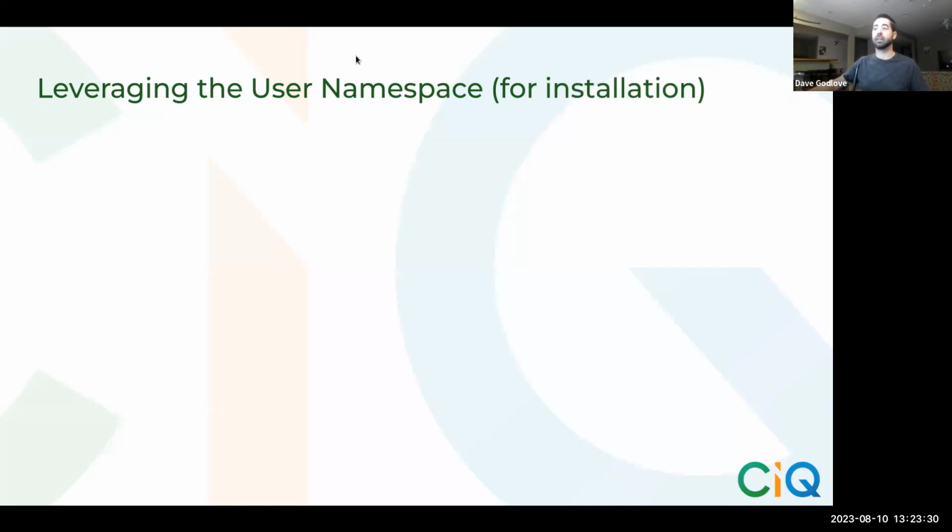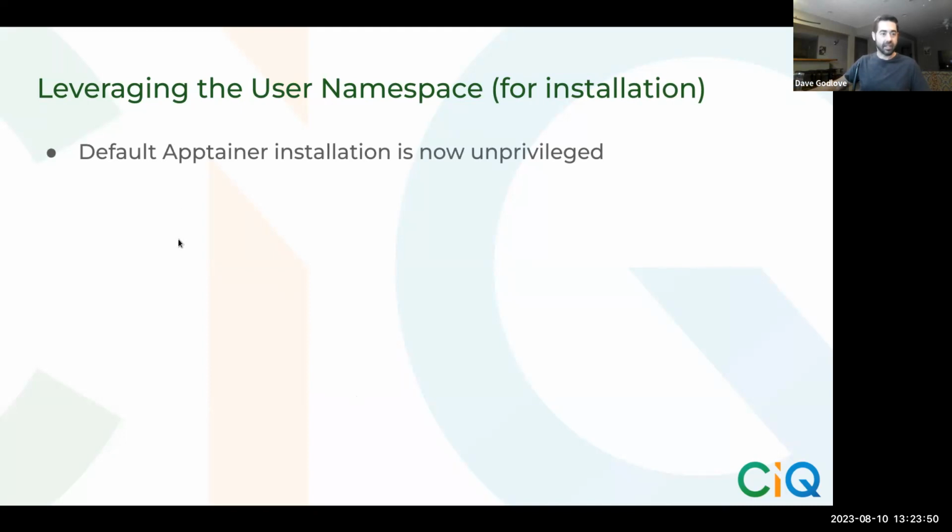And then finally, the final way in which the user namespace is being leveraged. So I've just shown you ways in which the ultimate Apptainer user can leverage the user namespace. Actually, Apptainer itself, in its own runtime, is also leveraging the user namespace. And so now, because of that, the default Apptainer installation is now unprivileged.